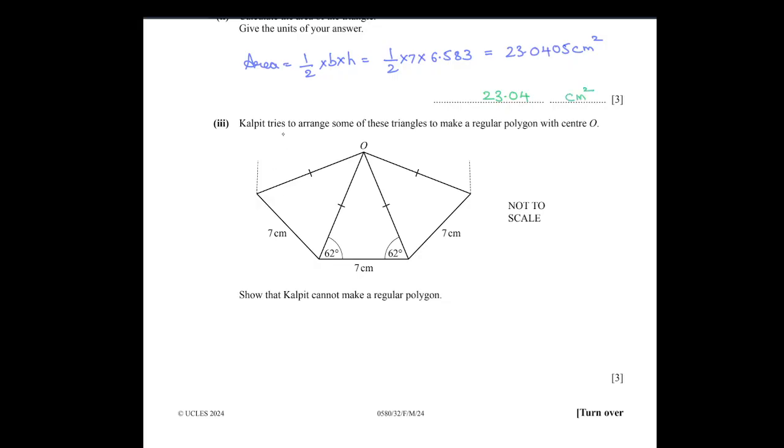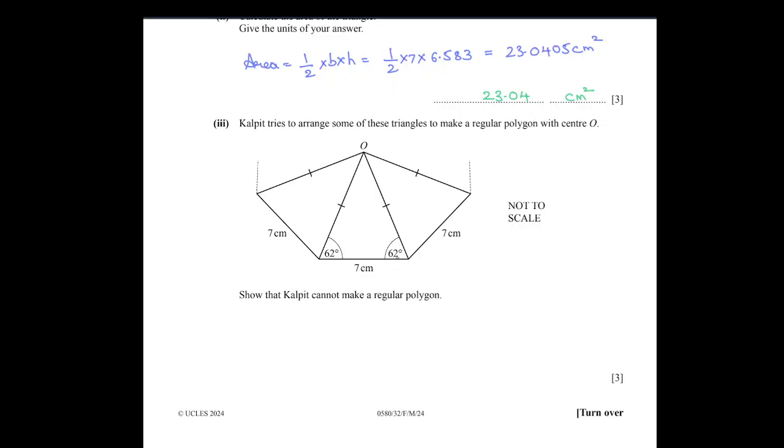Question number 3. Kalpit tries to arrange some of these triangles to make a regular polygon with center O. Show that Kalpit cannot make a regular polygon. To make a regular polygon, the interior angles should be all equal.